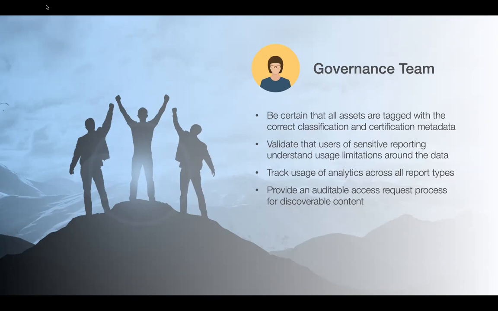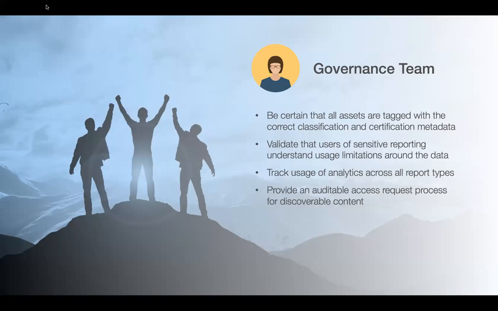So having that kind of information, and then making sure that users are aware and somehow validated that they know what the usage limits are around what they're consuming. So it's not only important to make sure that only the right users are using that sensitive information, but they also want to validate that those users understand what the usage constraints are around that information. And then to do that, of course, I need to understand usage analytics across everything that's there.